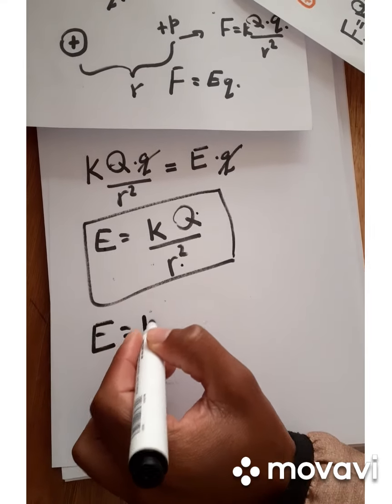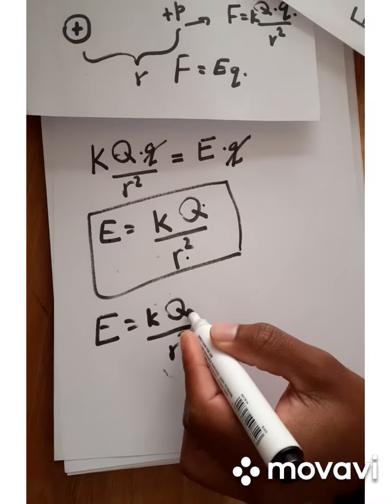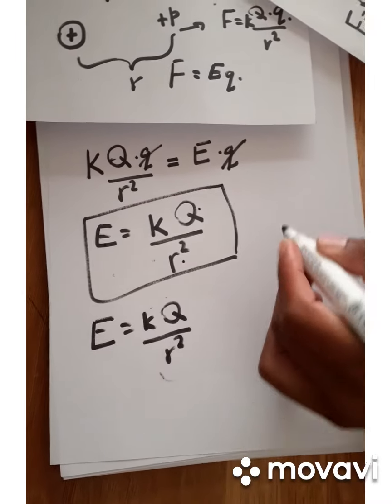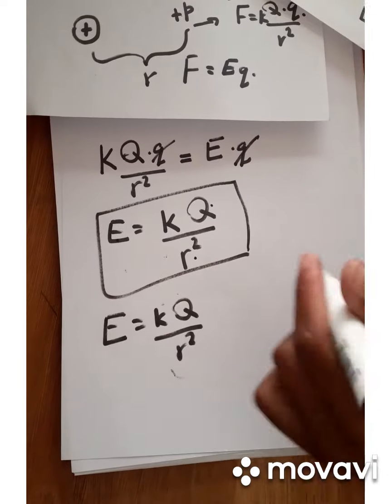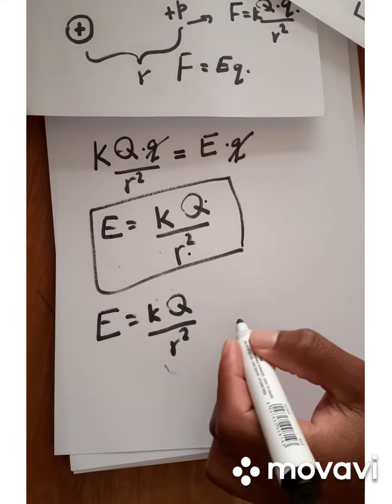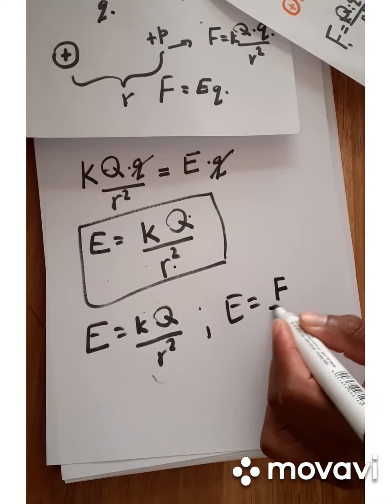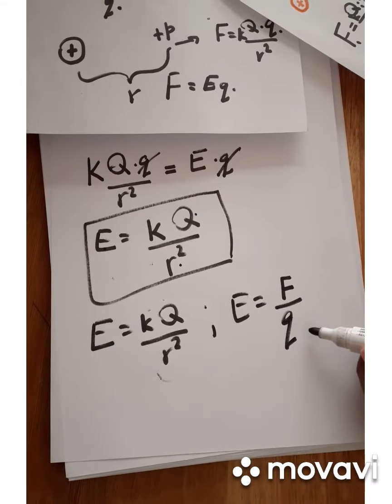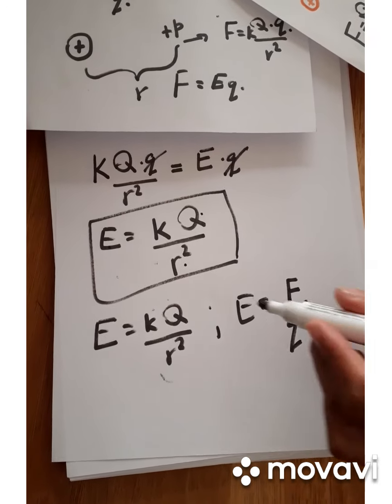E is given as K Q all over r squared. This capital letter Q, not small letter q, not a point charge but a charge. And then another equation, E is given as F divided by q. If you are given the point charge, then you are going to use that.